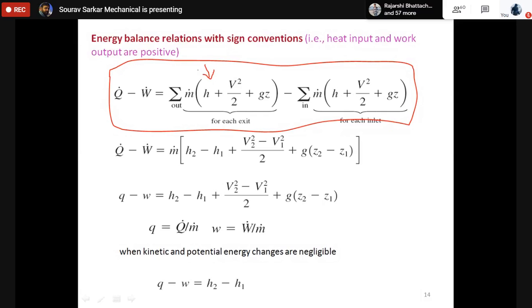Very good. So there is some incoming energy, and this is the system, the energy that is leaving from the system. This is the energy that is entering into the system.